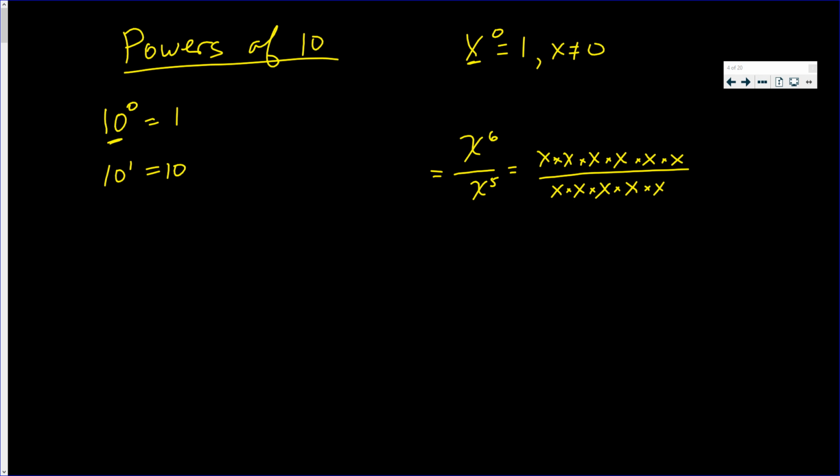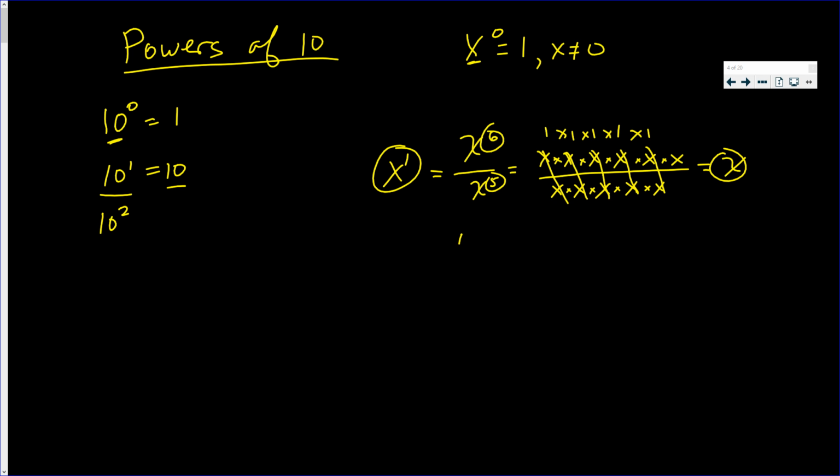Now, using the rule we said, you just subtract and you get x to the 1. Well, this is 1 and that's 1. You divide that, it's 1. 1 times x. Well, 1 times 1 times 1 times 1 times x is just x. Oh, you mean x to the 1 equals x. Just like 10 to the 1 equals 10. X to the 1 is x.